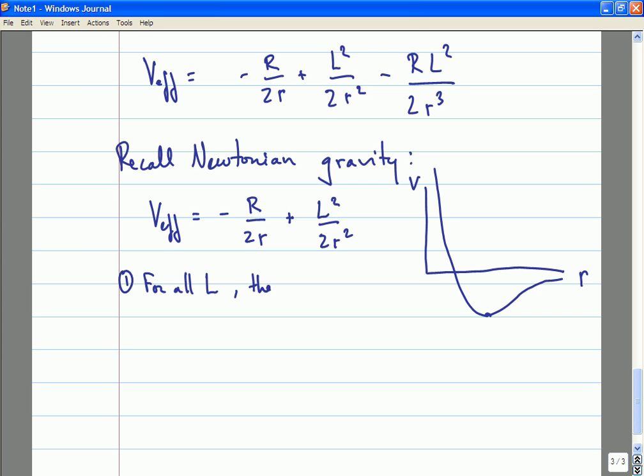there is a stable circular orbit at some value of r, which, if you went ahead and solved for it, would be 2L squared over R. Secondly, the orbits are conic sections.